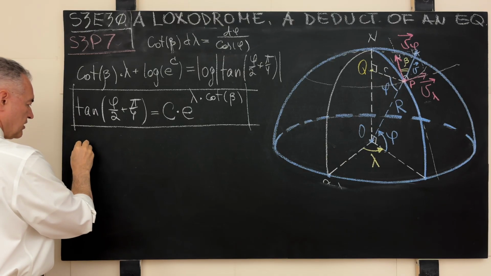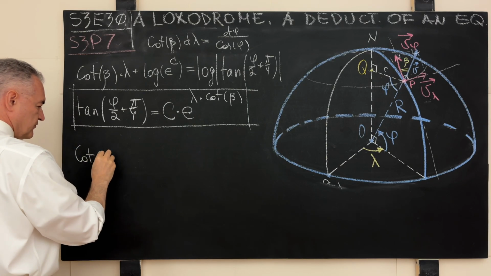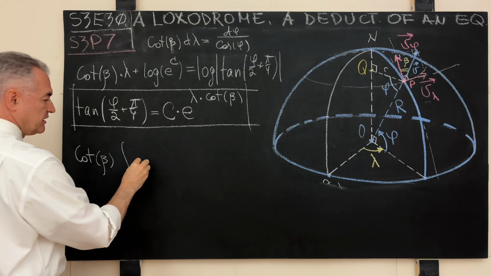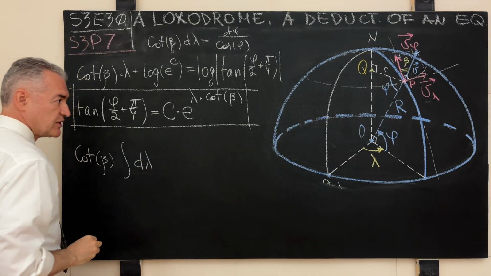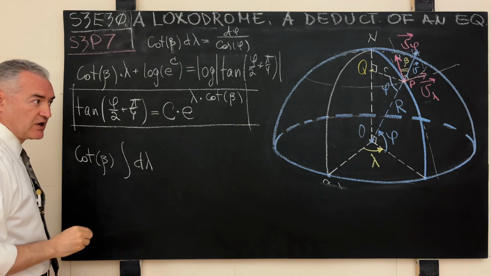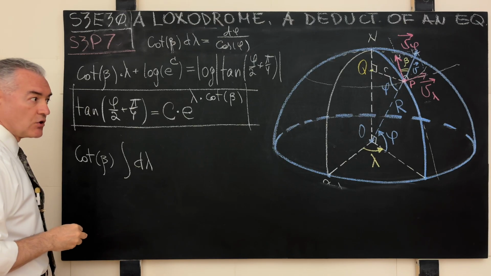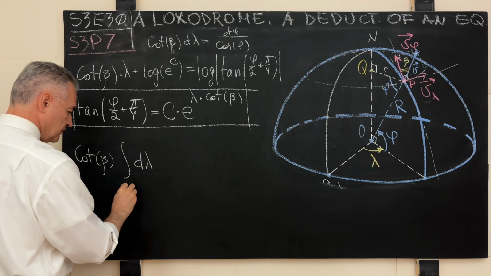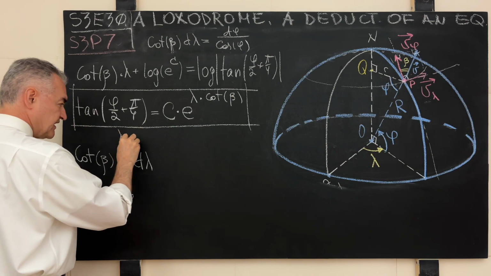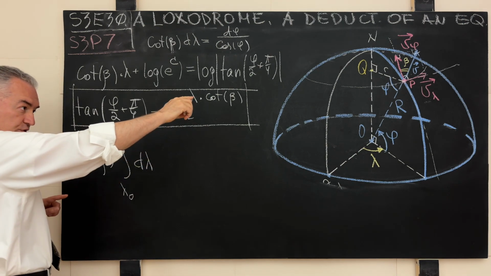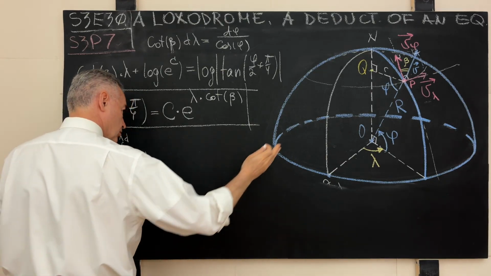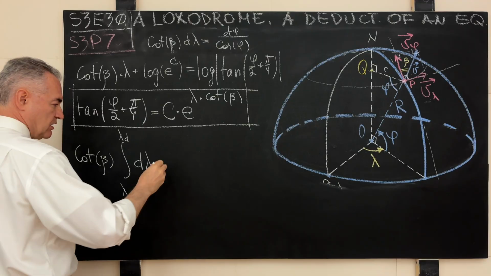For example, we can write down the following: cotangent of beta, and here we integrate d lambda, the position of the point on the sphere as far as its longitude is concerned, from the longitude of origin to the longitude of destination point. Let's say we have 2 points on the sphere, from A to B, for an airplane to fly, or for a boat to sail over the ocean.